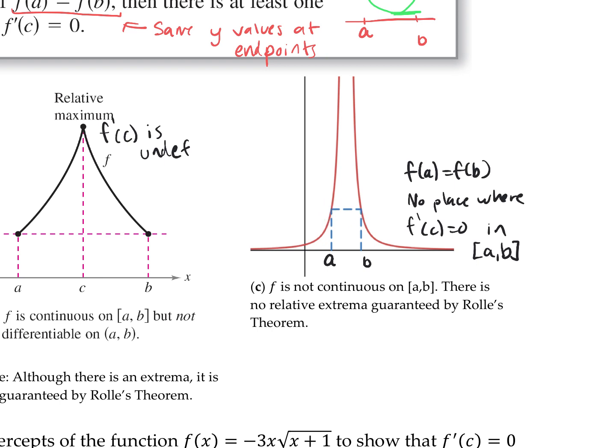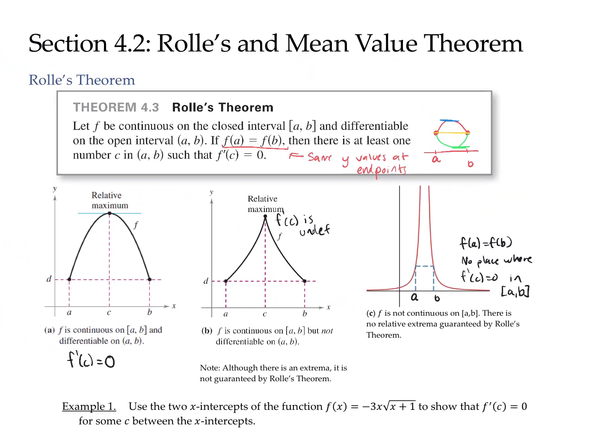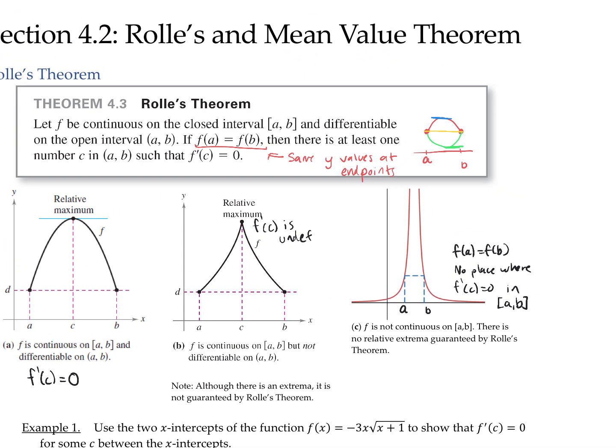So even though my endpoints are the same, Rolle's theorem doesn't apply there. Rolle's theorem is pretty limited. It only applies when you have a continuous function, it also needs to be differentiable, so smooth and continuous, and you also need the endpoints to equal each other.